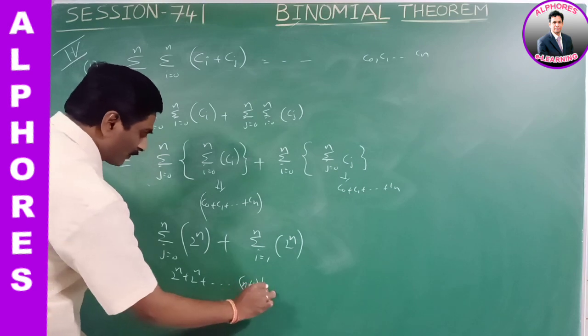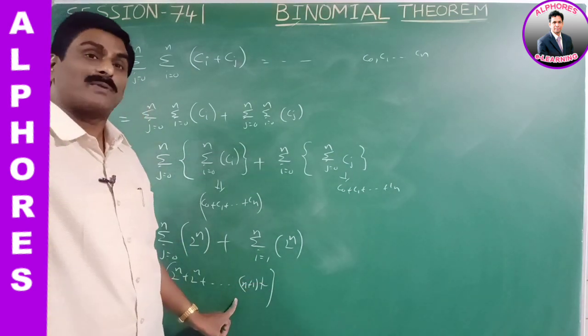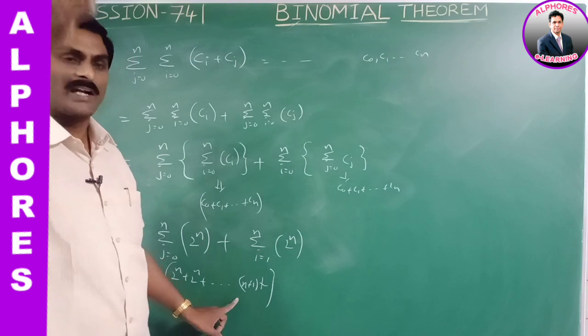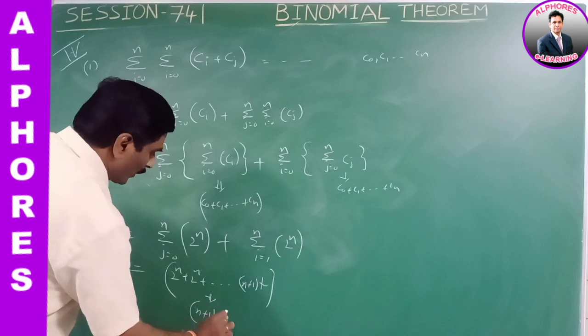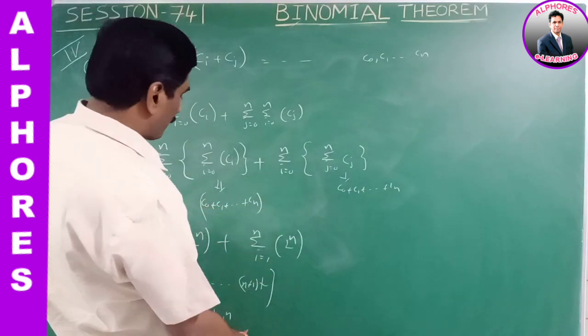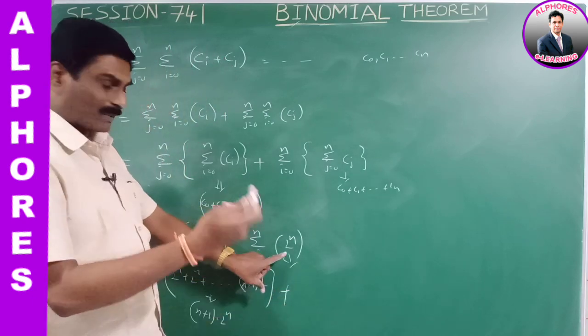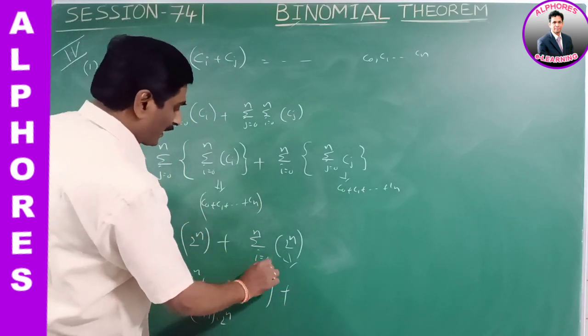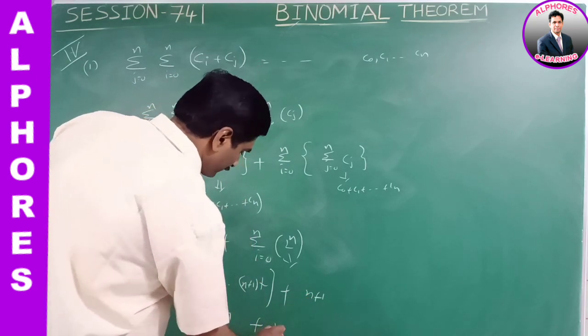N plus 1 terms. Okay. 2 power n plus 2 power n plus x plus n times means nx. N plus 1 times means n plus 1 into x. That means this value is nothing but n plus 1 into 2 power n. In this case also, please observe this value. In this case also, 2 power n plus 2 power n plus how many times? I is equal to 0 to n here also. That means here also n plus 1 into 2 power n. Okay.